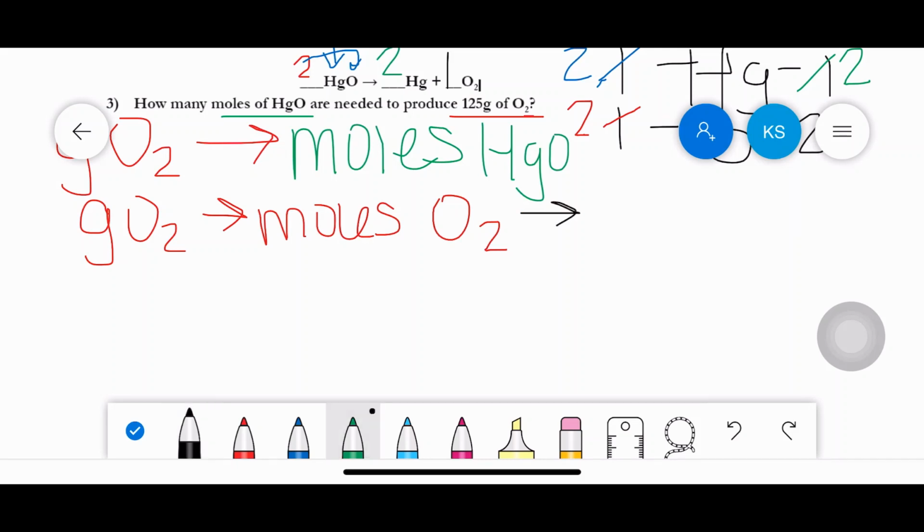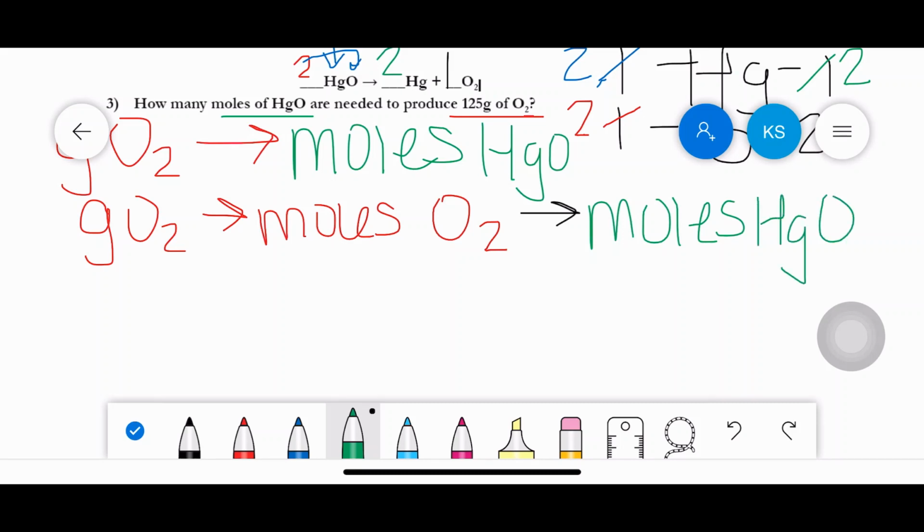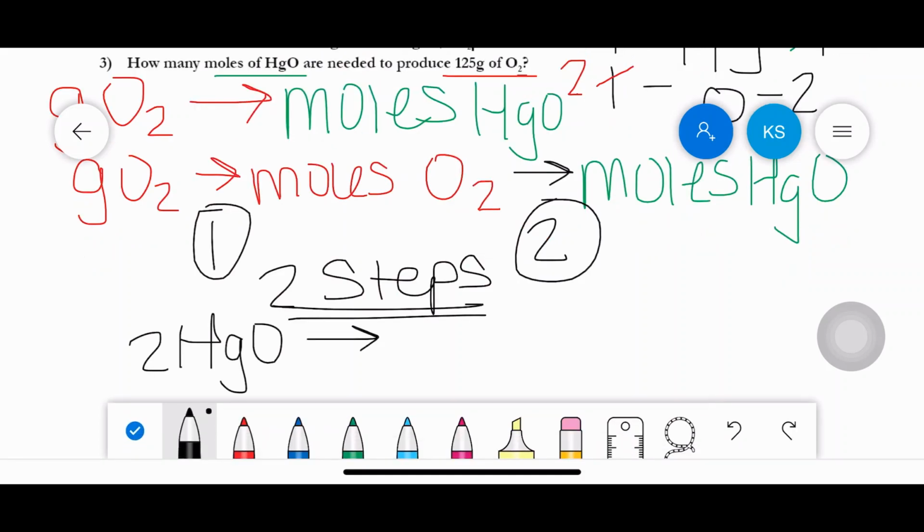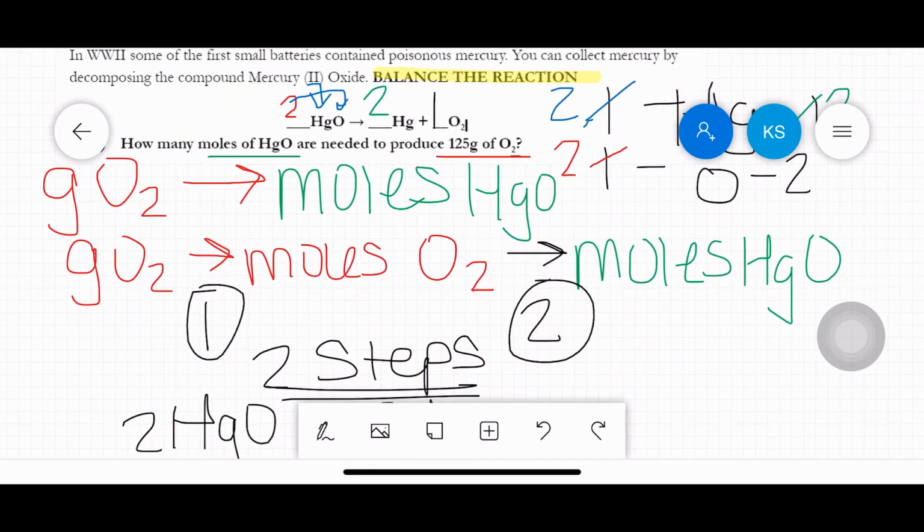After that, moles of O2, we are going to convert into moles of our mercury 2 oxide. All right, so that means we have our first step and our second step. First step is a molar conversion. Second step is a mole to mole ratio where we are pulling from our balanced chemical equation. So this is a 2-step problem. Super, super important.